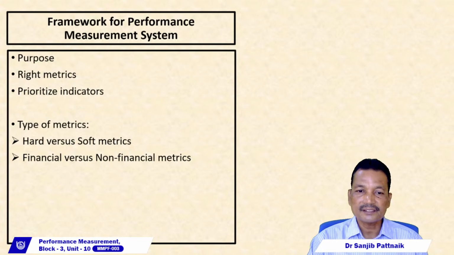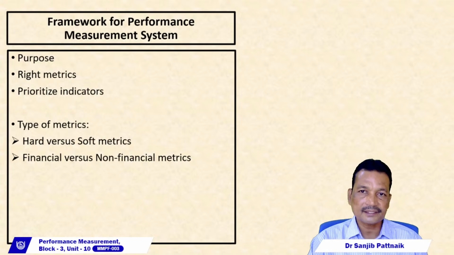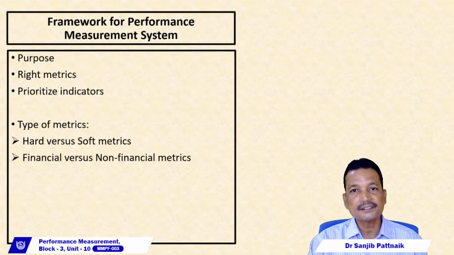When we talk about financial metrics, we talk about the various kind of accounting information that comes out through various financial statements like profit loss statement, balance sheet, cash flow statement, etc. So there we may find metrics like net profit, profit before taxes, profit after taxes, etc. So these are all financial metrics.